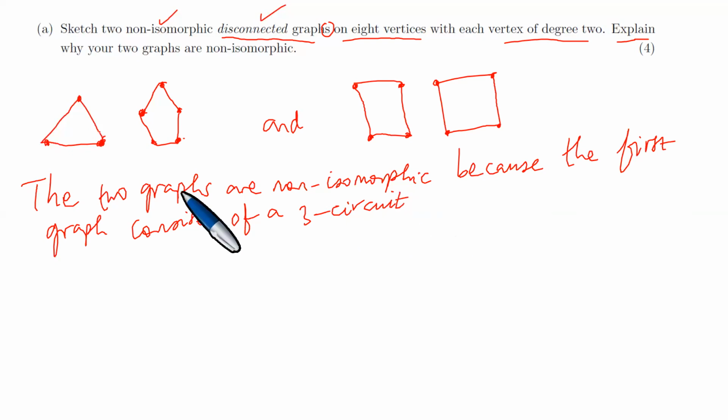Because the first graph consists of this, a 3-circuit, this a 5-circuit, but this one is 2 4-circuits. So the first graph consists of a 3-circuit and a 5-circuit.